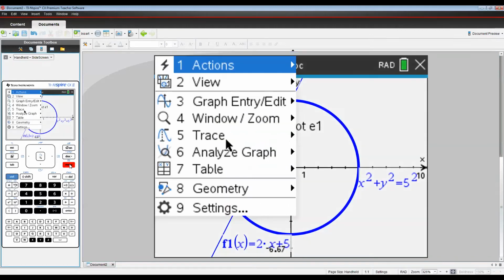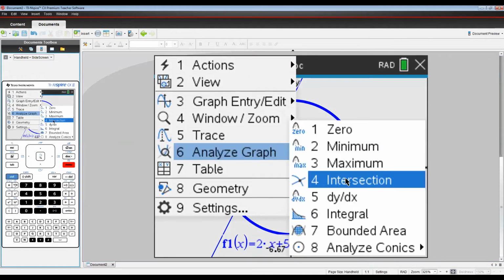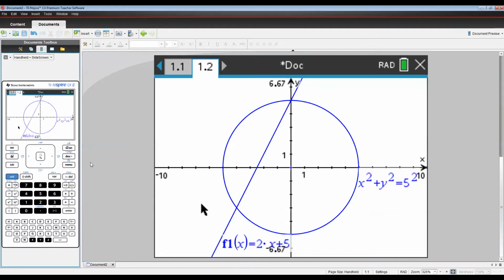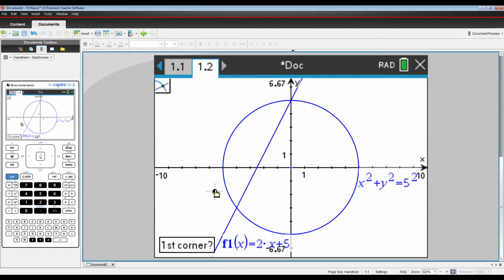If you really want to double check, you can go to Menu, Analyze Graph, and go to Intersection. It's pretty cool here. When you do an intersection like this, you actually make a rectangle, and it'll tell you the intersections found in that rectangle. So we just go Menu, Analyze Graph, Intersection. You click the first corner of the rectangle, you click again, and there we go.